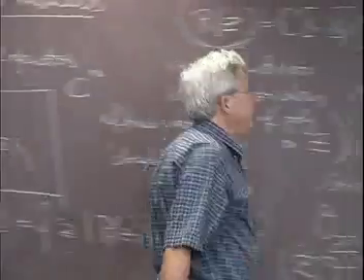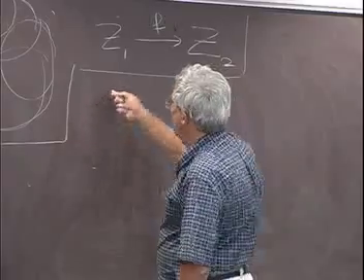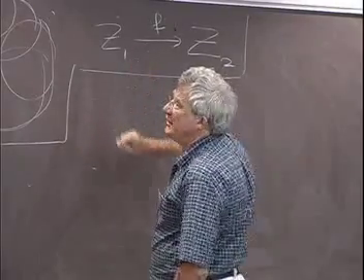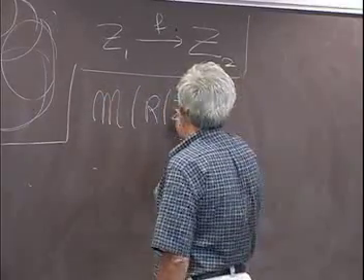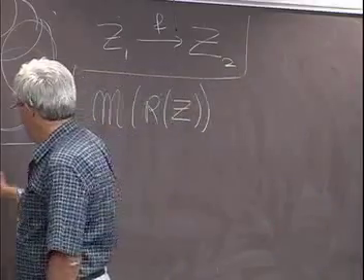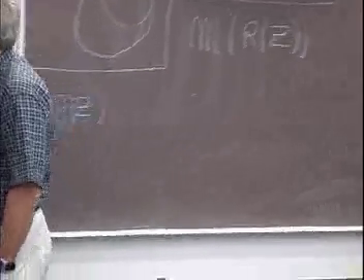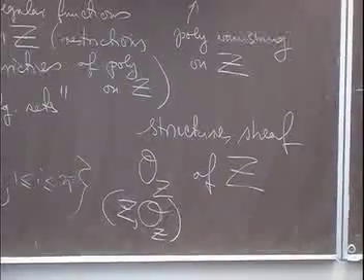So let me explain in a few lines how this is done in algebraic geometry. Let's assume that I'm, say, doing commutative algebra, and I want to study the category of modules over the ring R of Z. So what is R of Z? R of Z is the ring of global sections of the structure sheaf.